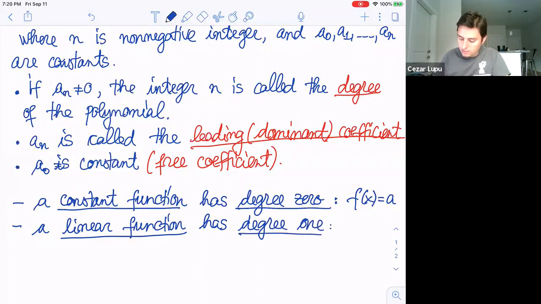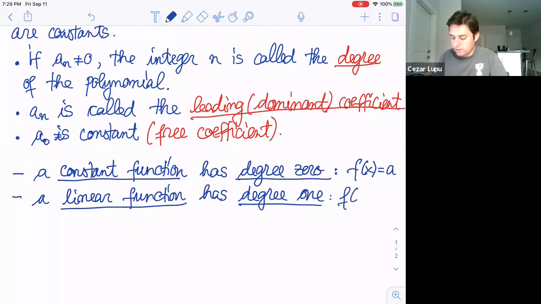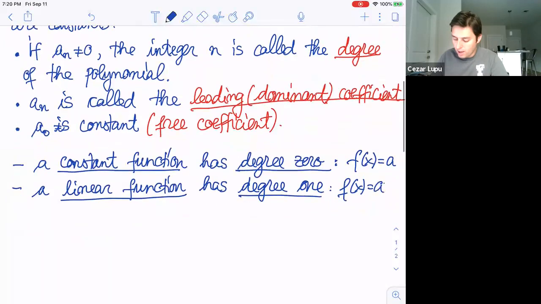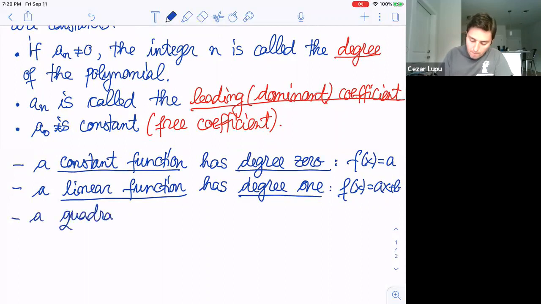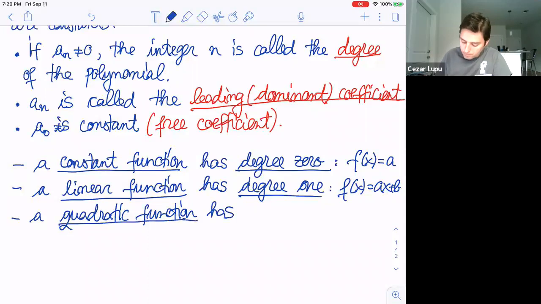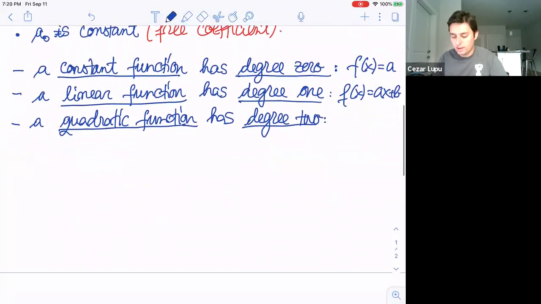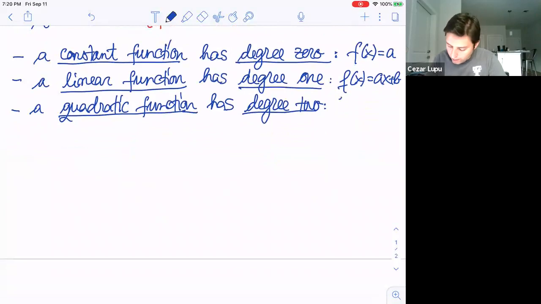These functions look like this: ax plus b. Now we keep going. A quadratic function has degree 2. And these functions look like f of x equals ax squared plus bx plus c.